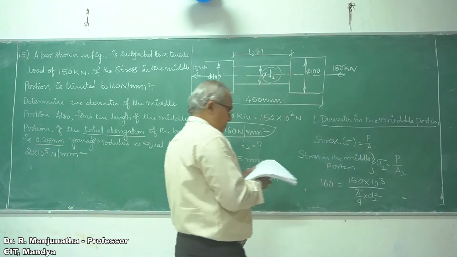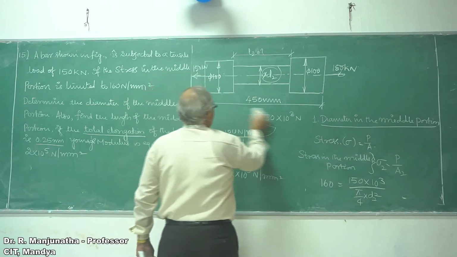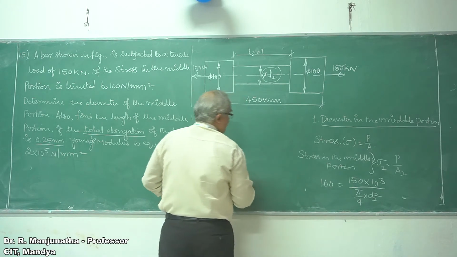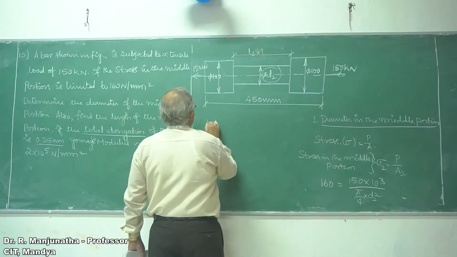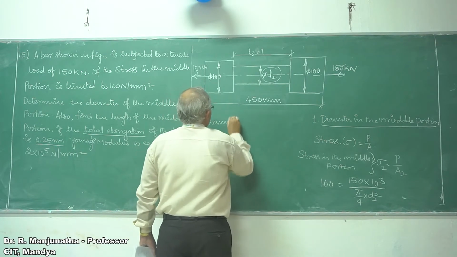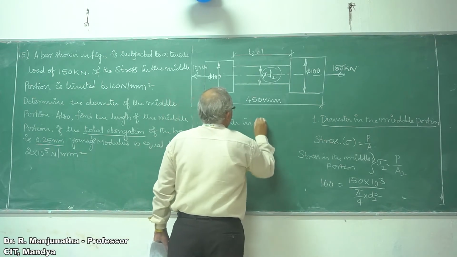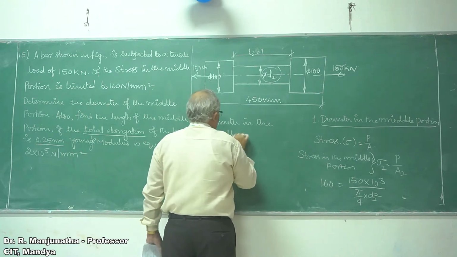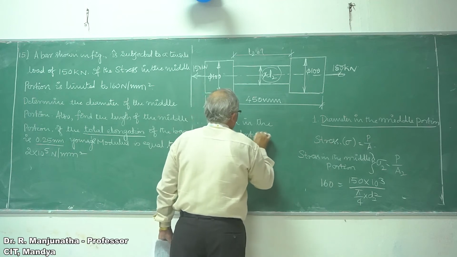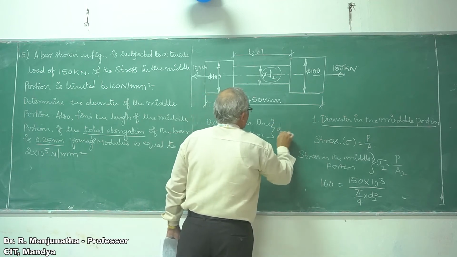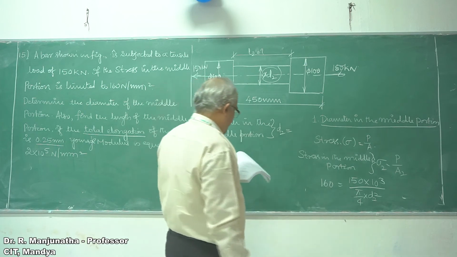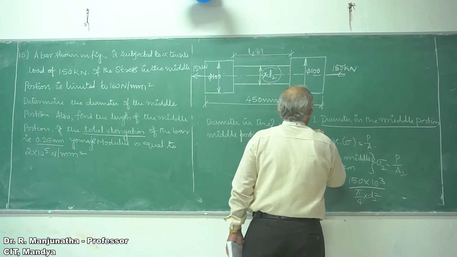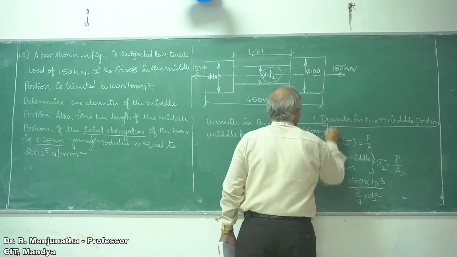Therefore, the diameter in the middle portion, d2, will be equal to 34.55 mm.